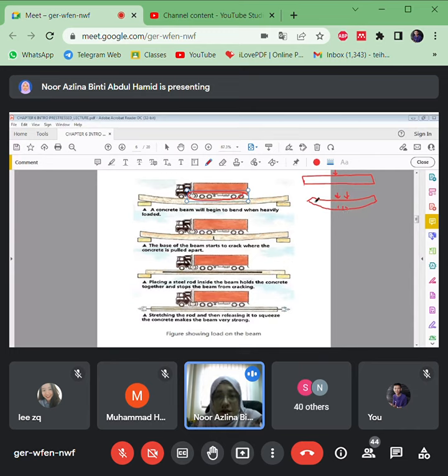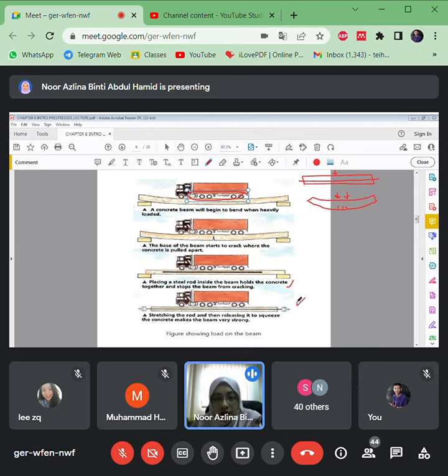Then by placing the reinforcement here, of course, it will increase the performance and strength of the concrete, and hold together all the cracks from becoming worse, from widening, and so on.